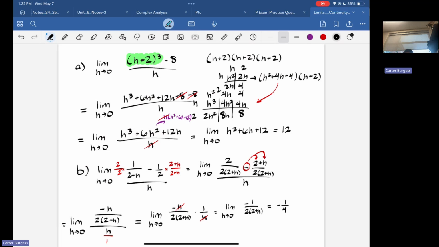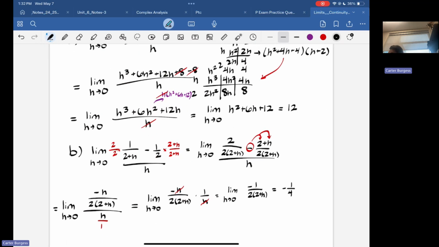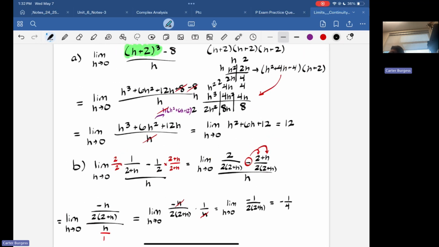How's this feel? So hopefully, most of it's just cleanup. A lot of it is just plug in as soon as we can. It's a little annoying when we can't immediately, but get some good practice in simplifying.